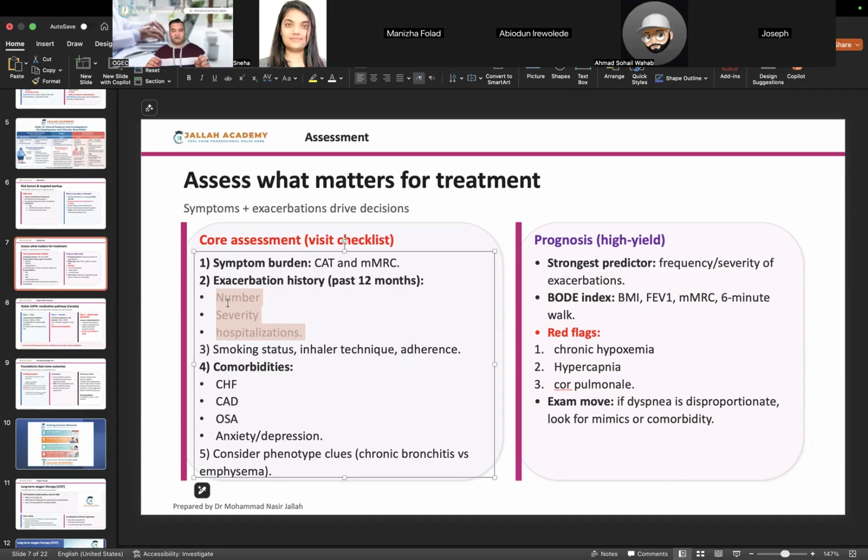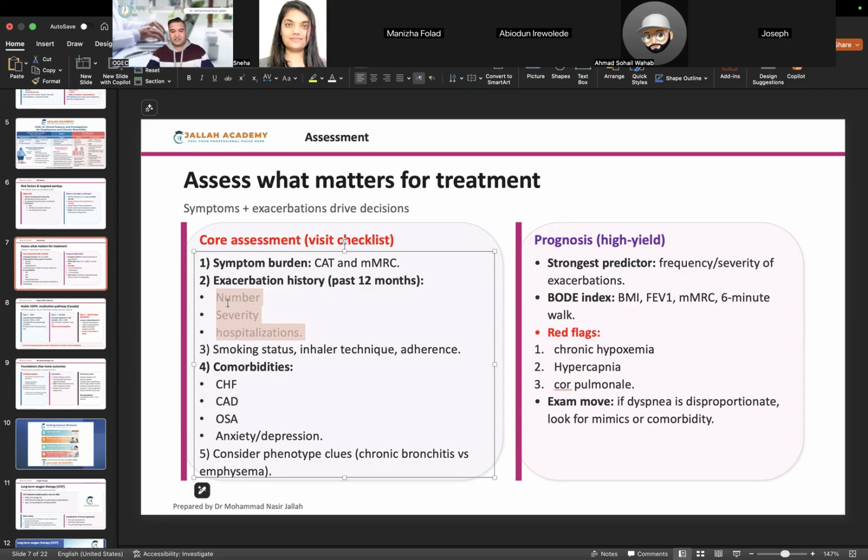If you are practicing NAKOSI, you need to know the START mnemonic, which I'm going to show you, for how to set up a proper plan for smoke cessation. Then you go about the inhaler and teach the patient how to use it properly. And adherence. Adherence is another factor: most patients who come with an exacerbation of asthma and COPD are not adherent or compliant with their medication.